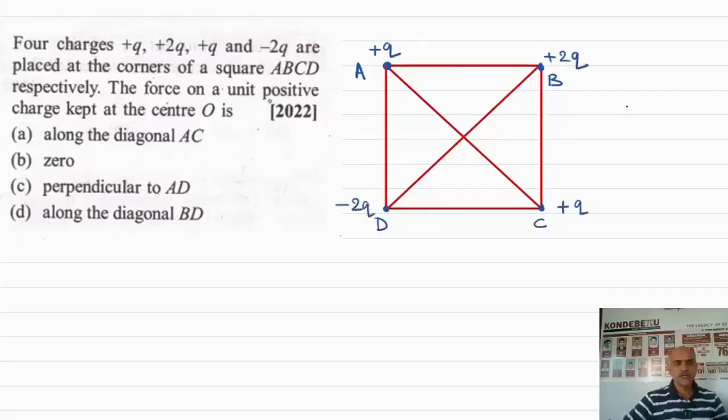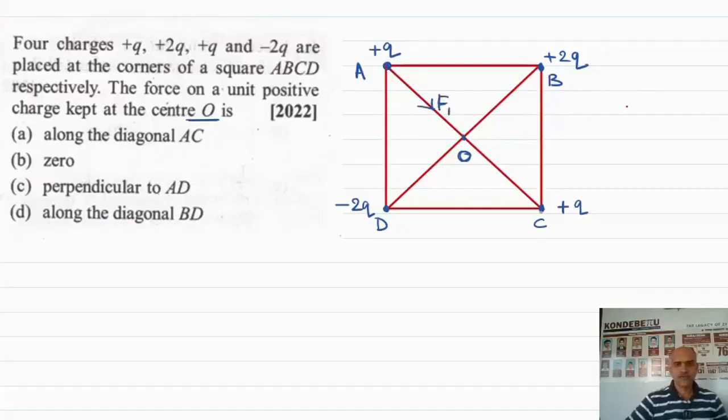The force on a unit positive charge placed at center O. So this is center O, that is the intersection of diagonals. You are required to find the direction of force: along diagonal AC, or perpendicular to AD, or along diagonal BD. Now, if you observe the diagram, the force due to the positive charge at point A will be towards O. So this I will take as F1.